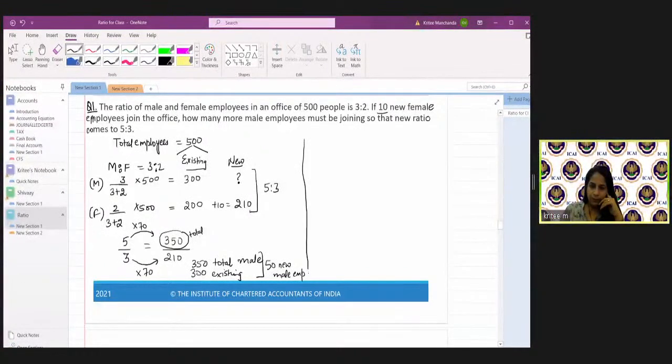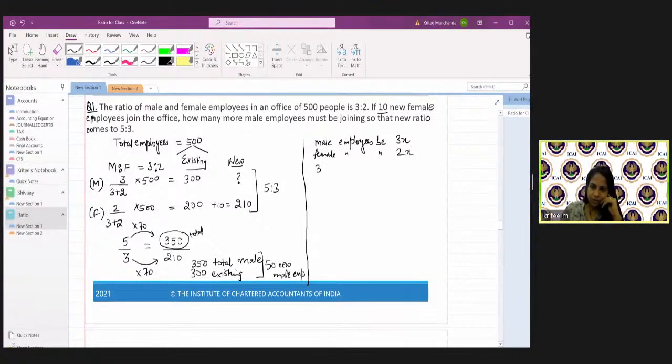Okay, I can do it the other way. If I have the ratio of 500 people as 3:2, I say male employees be 3x and female employees be 2x.